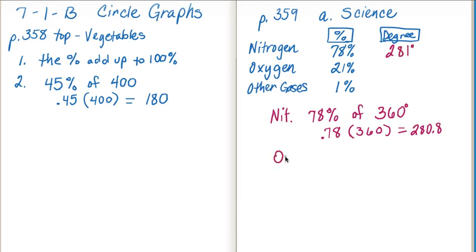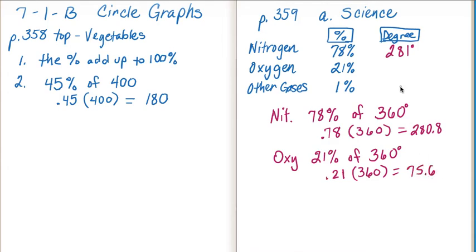And then we do the same thing for the oxygen. The oxygen is 21%. We want to find 21% of the full circle, 360, so we change it to a decimal, 0.21 times 360. If you multiply those together, you'll get 75.6.